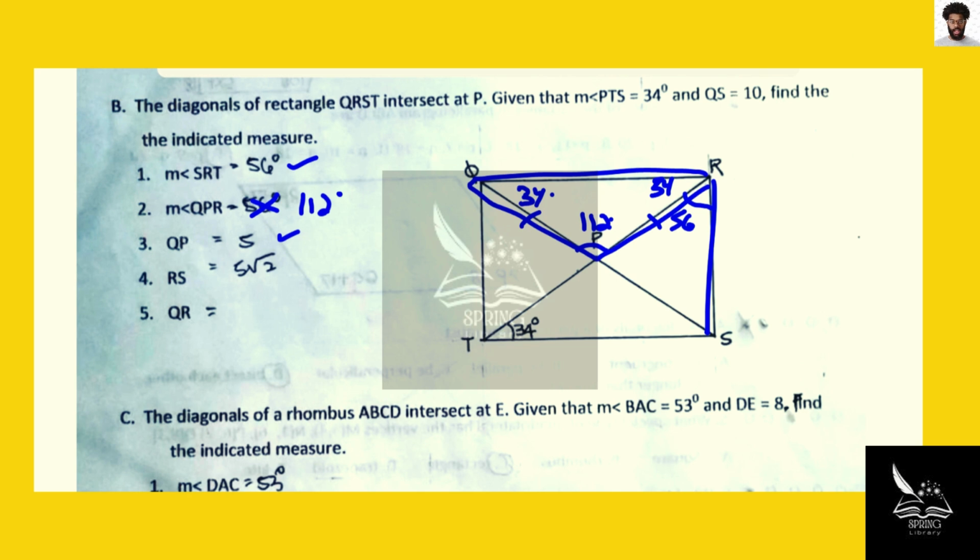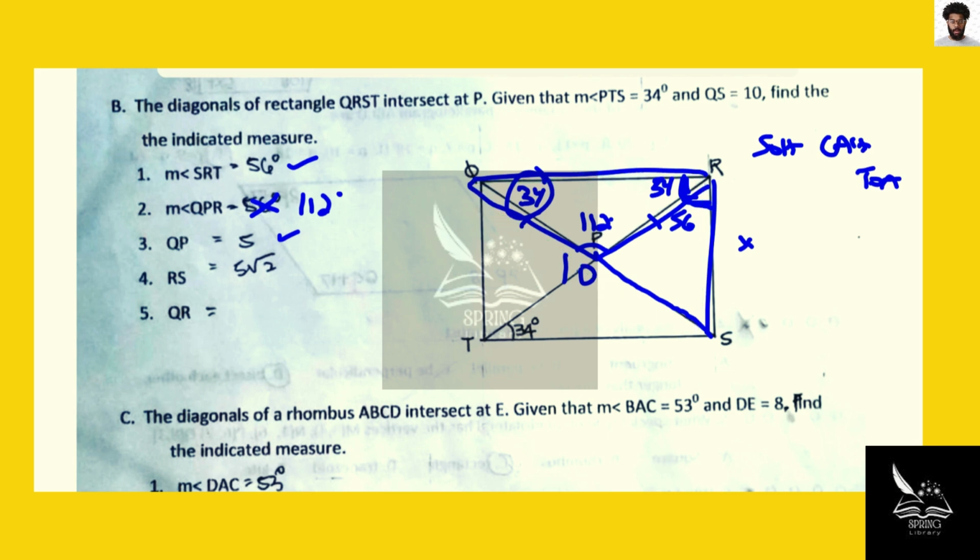Let's use a full right triangle, because if we know all of QS is 10 and we know this angle is 34 degrees, and I call RS X for a moment, then we can use right triangle trig, SOHCAHTOA, to find X. So from the 34-degree angle, what we want to find is opposite, and 10 acts as the hypotenuse away from the right angle. Again, we're in this triangle here.